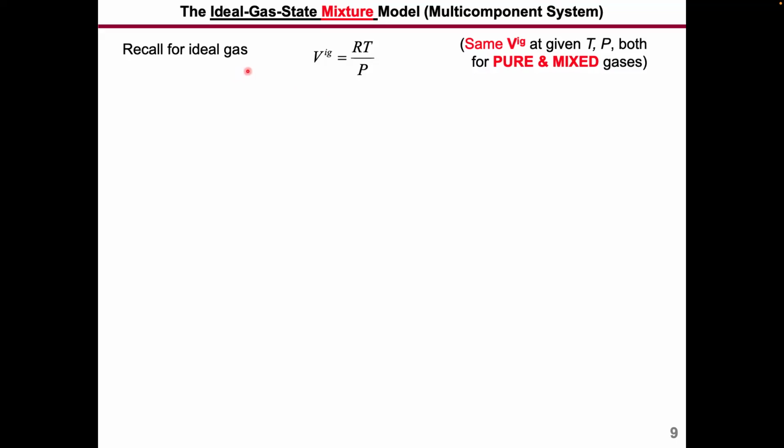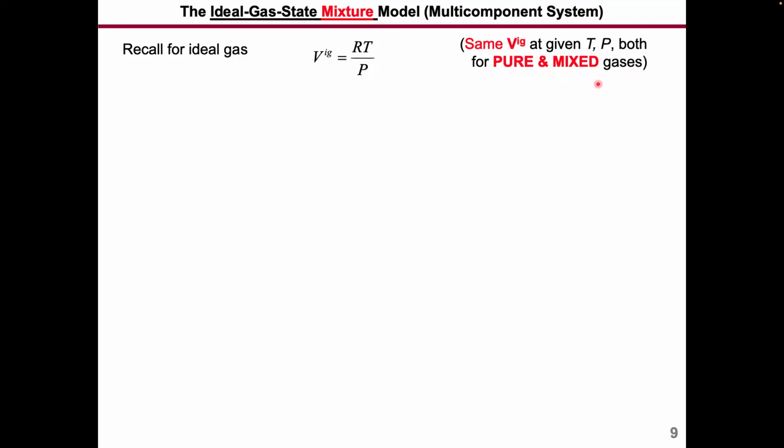Now recall the ideal gas law: V^ig is equal to RT divided by P. And V^ig at a given T and P will be the same for both pure and mixed gas, because remember, for an ideal gas we assume the gas molecules have negligible particle volume compared to the container.